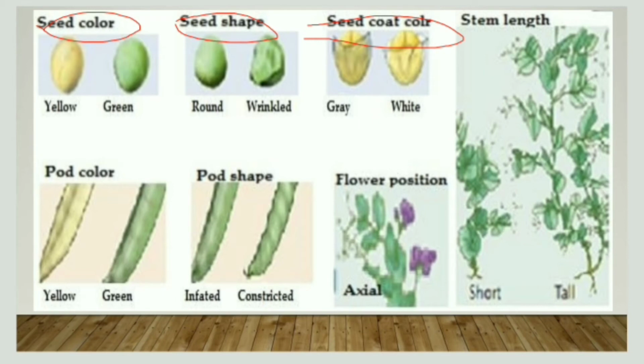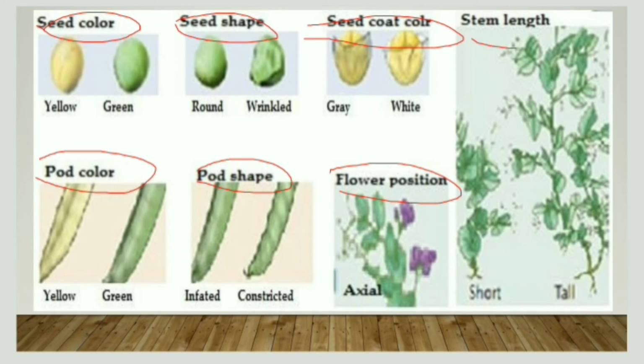Next, the pod color was either yellow or green. Next, based on the pod shape, it was either inflated or constricted. Next, based on the flower position, it was either axial or terminal.